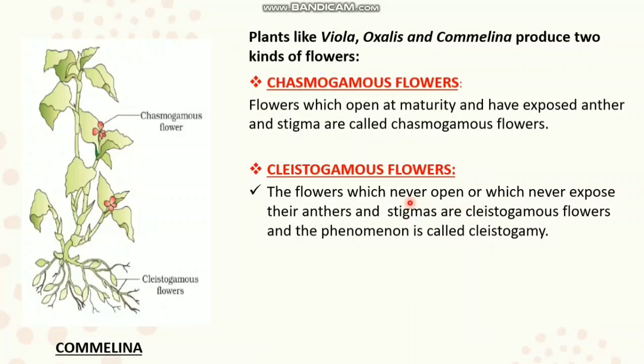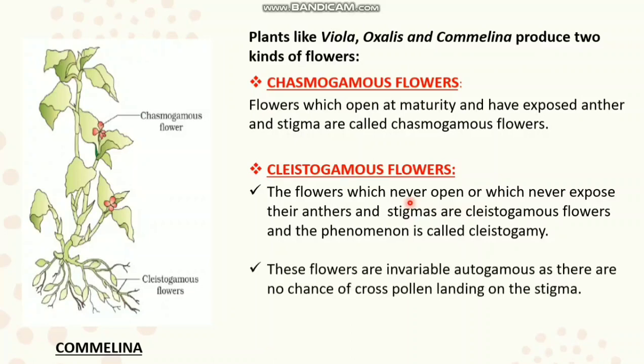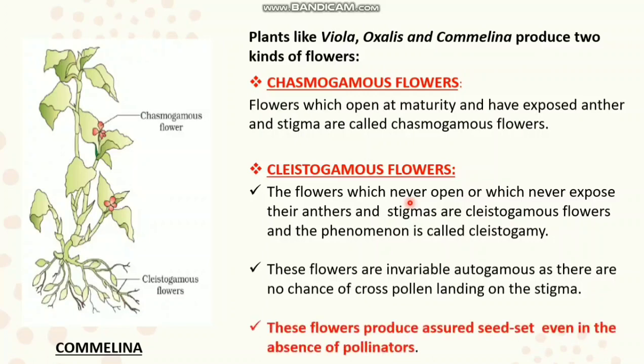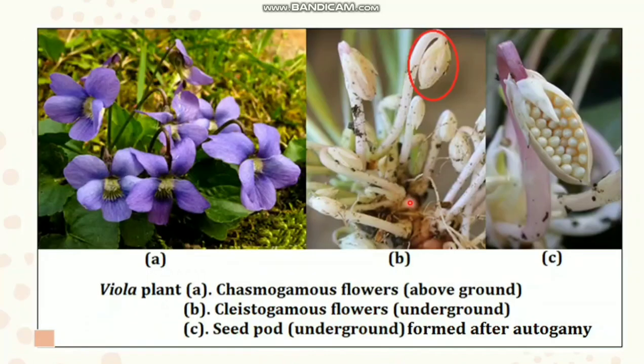Their stigma and anther are very close to each other and thus they are invariably autogamous, since there is no chance of external pollen grain reaching the stigma of these flowers. So such flowers produce assured seed set. 100% of the seeds are going to form inside such flowers.